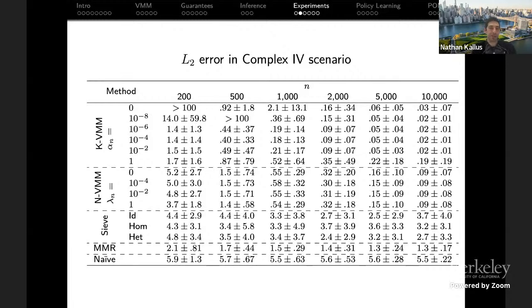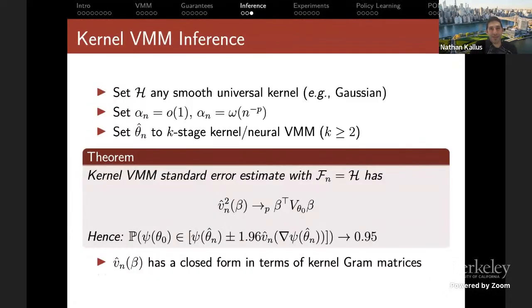Maybe. I'm not sure. I'm just curious whether in practice there was a difference in performance for different settings of the neural versus the kernel method. Perhaps in the policy learning scenario the neural thing did better. Okay, thanks. And at least asymptotically, they should all behave the same.